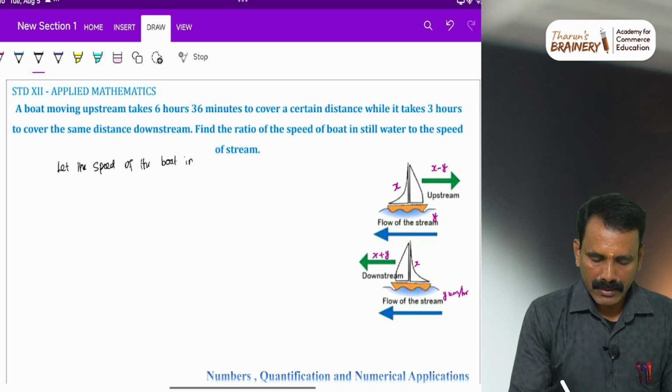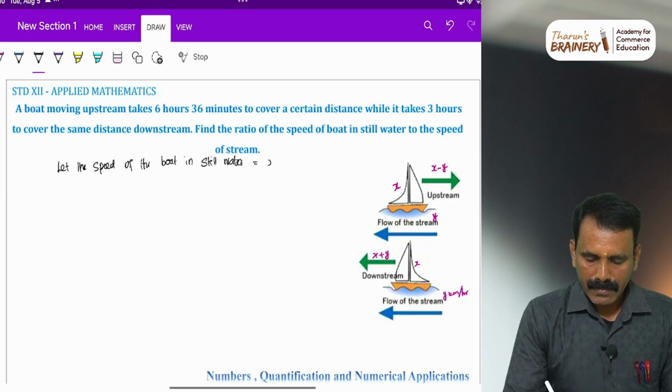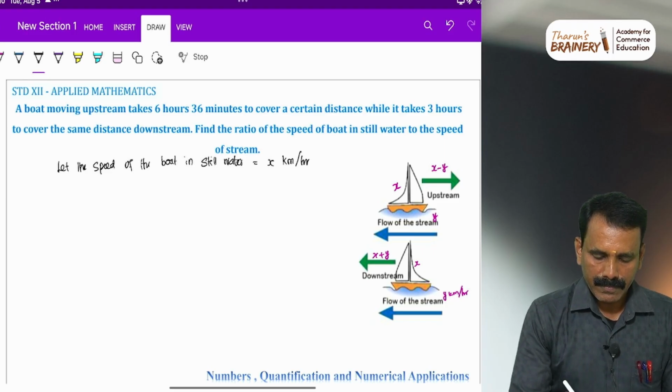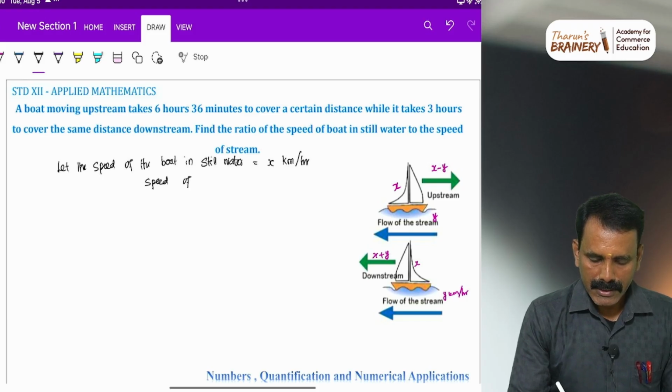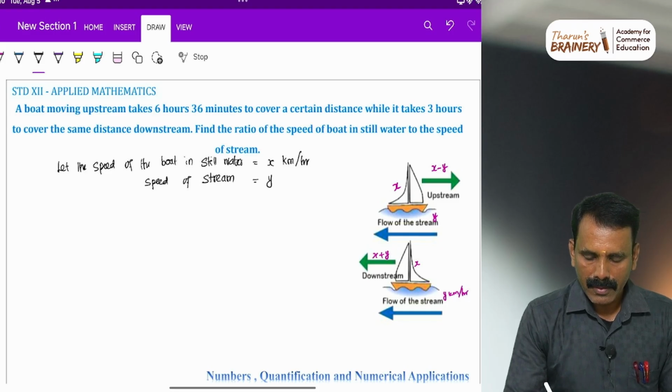Let the speed of the boat in still water be x kilometer per hour, and the speed of the stream be taken as y kilometer per hour.